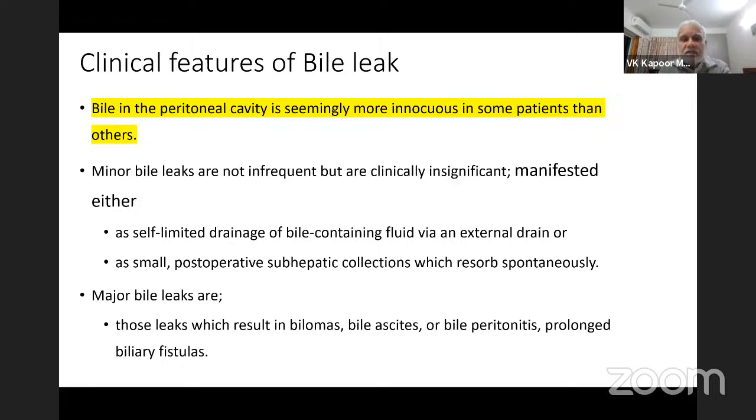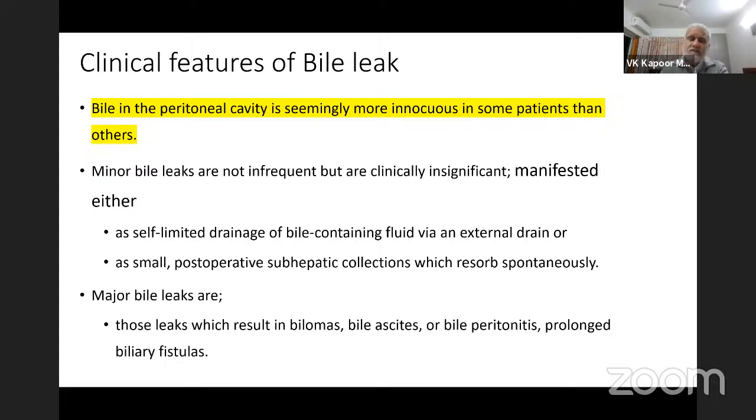But if there is a significant amount of bile which is leaking out, it can manifest as either a biloma, which is a localized collection of bile, usually in the subhepatic area. But look at the subphrenic area also, look at the left subhepatic area, the lesser sac also, and look at the pelvis also when you are doing an ultrasound.